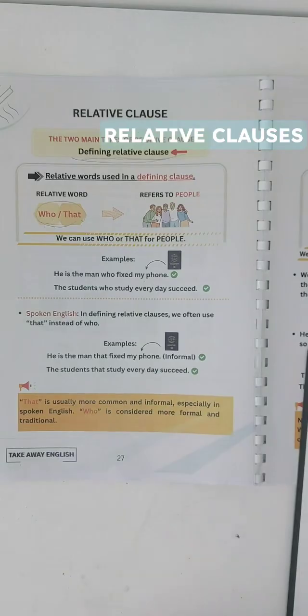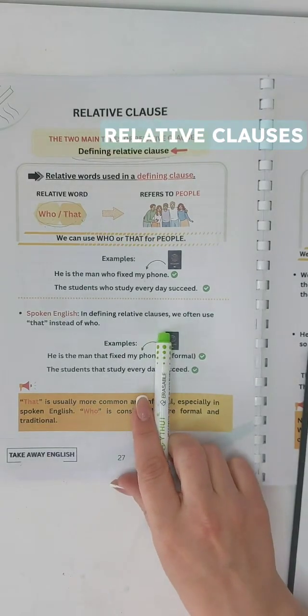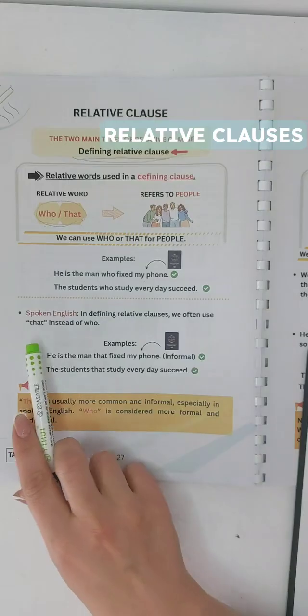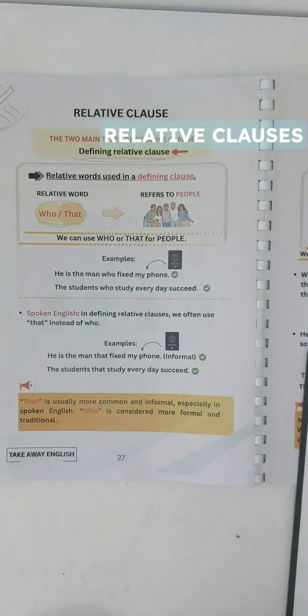In spoken English, in defining relative clauses, we often use that instead of who. We already talked about it, right? So, in spoken English, nowadays, we usually use that instead of who.